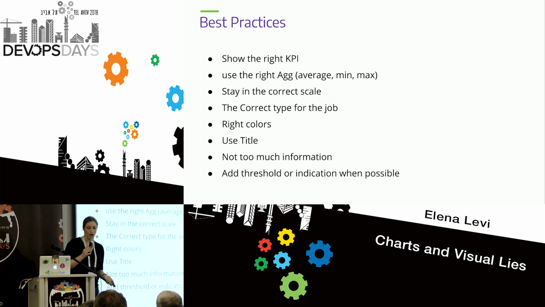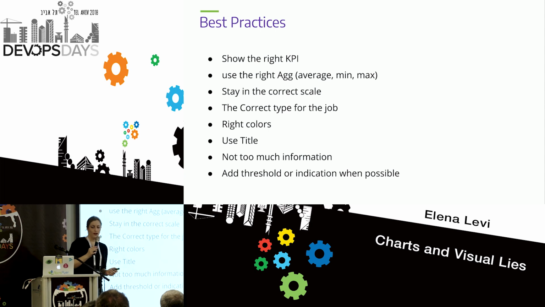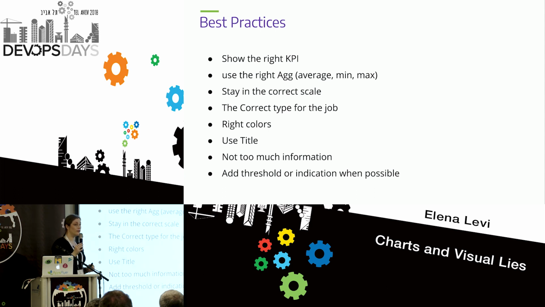It's important. Stay in the correct scale. Use the right colors. Put a title. Don't add too much information. It's very important, because if you remember the chart with the soccer players, if you add too much information, it's unreadable. And try to add thresholds when possible.